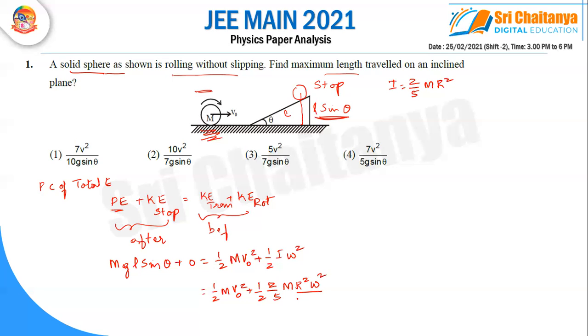Now r square omega square will be v square, so I write half m v naught square plus 1 by 5 m v naught square. On solving this, you are going to get L equals 7 v square by 10 g sine theta. And this is the first option.